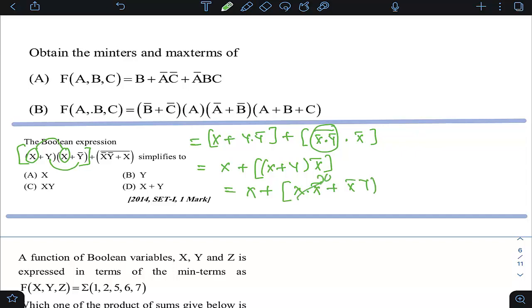X bar is 0, so this is equivalent to x plus x bar y. X plus x bar y is x plus y. How? A plus a bar b is a plus b, so x plus x bar y is x plus y, which is given as option D. So by knowing some shortcuts and this property, in a very simple way, we can reach the answer in a very short time. Otherwise, you will always be turning around, right? So the answer is option D for this.